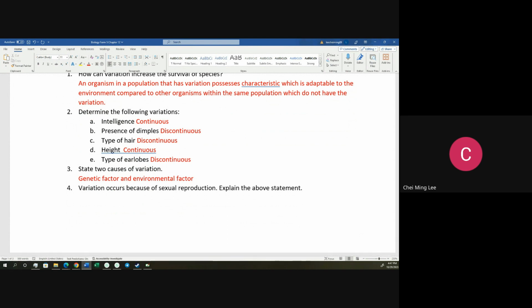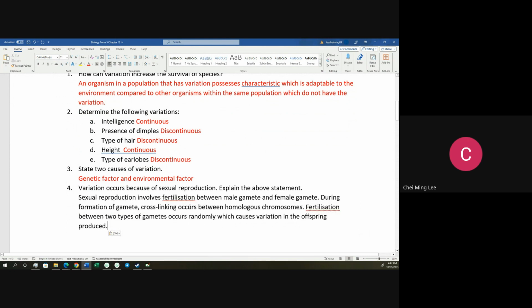So let us see the answer from your textbook. Sexual reproduction involves the fertilization between the male and female gametes. During the formation of gametes, crossing over will occur between the homologous chromosomes, and the fertilization between two types of gametes will occur randomly, which causes variation in the offspring produced.